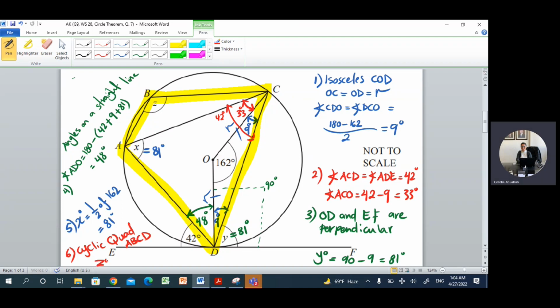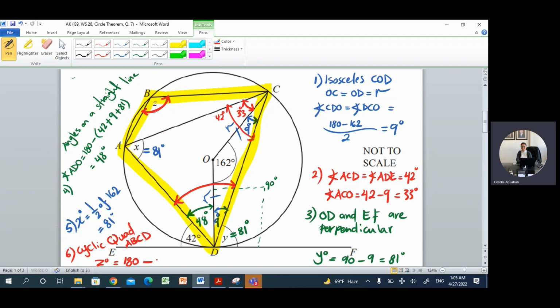We can find angle Z, which is opposite in the cyclic quadrilateral to this angle here, which is composed of the 48 and the 9. Every 2 opposite angles in a cyclic quadrilateral add up to 180.